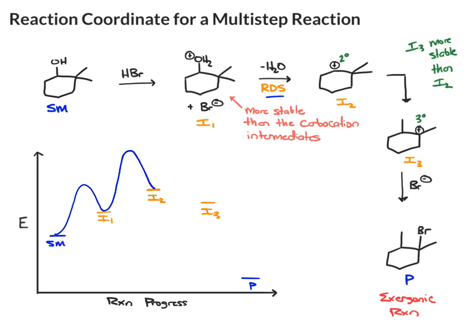Right, maybe I'm exaggerating a bit, but this is our rate determining step. Then we go from 2 to 3. It doesn't really matter how tall you draw the transition state as long as it's lower than the one for your rate determining step. And then finally, I3 will go to product. So this would be the reaction coordinate diagram for this particular reaction.